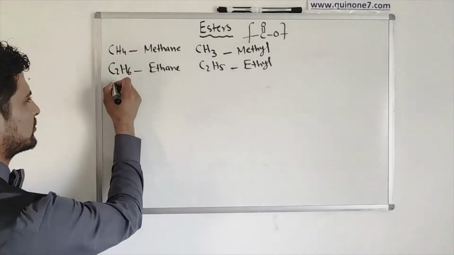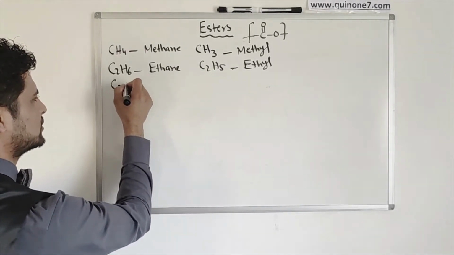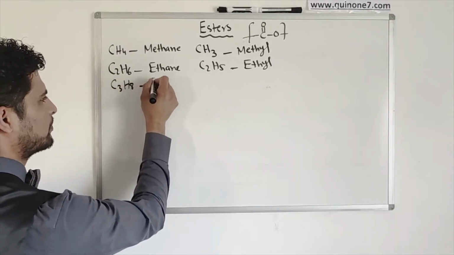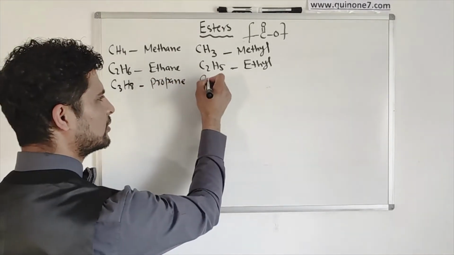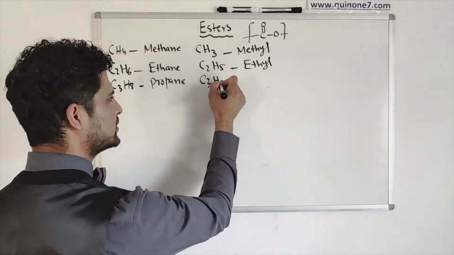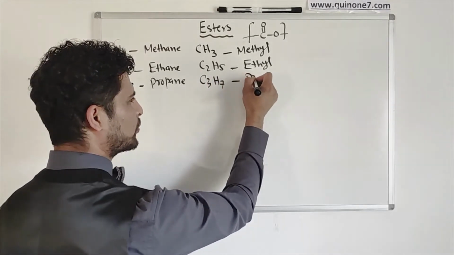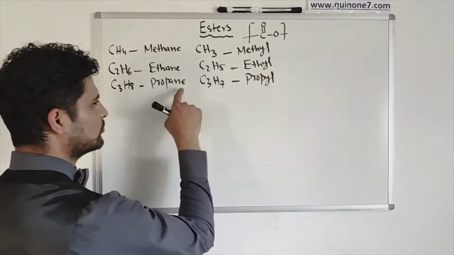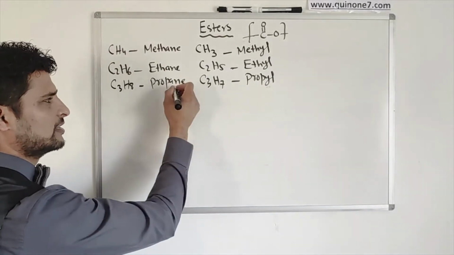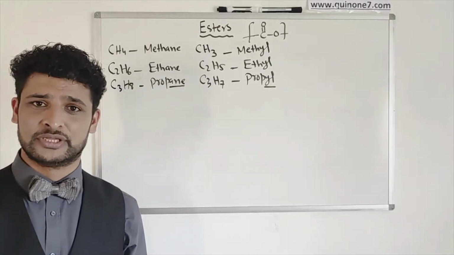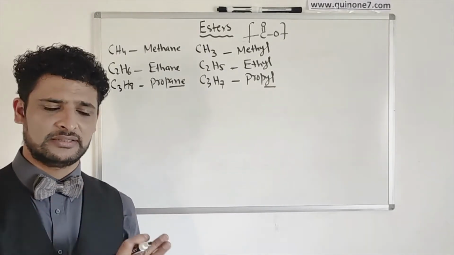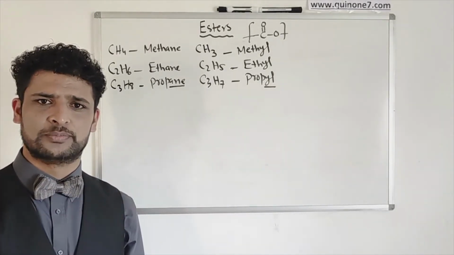C3H8 is called propane, but if you remove one hydrogen, it will be C3H7, and that will be called propyl. You just replace the A and E with YL at the end if you remove one hydrogen. So methane into methyl, ethane into ethyl, propane into propyl.